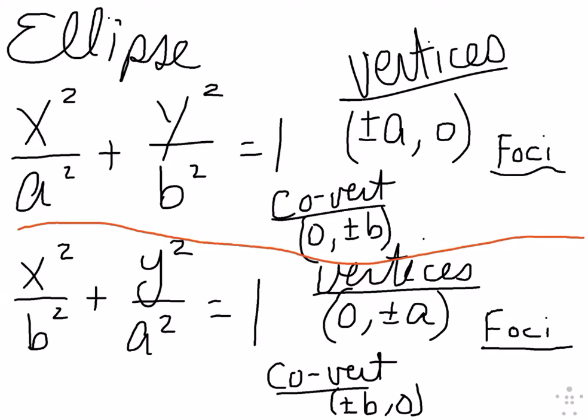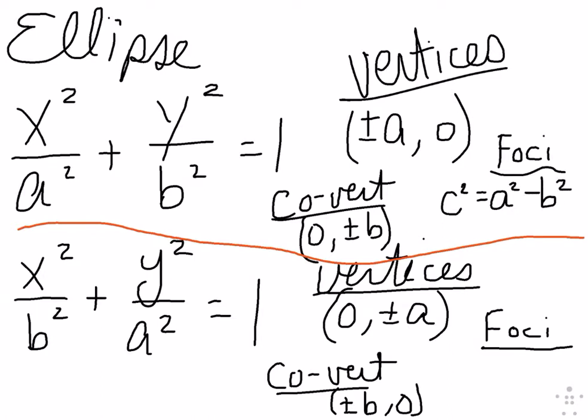Do you remember when we found the focus the other day when it came to parabolas? How many focuses were there? 1. This particular one, because we have an elongated oval, will have 2 foci, or 2 focuses, because you have 2 spots there, not just 1. Okay? Now, the formula for finding them, either one, doesn't necessarily matter, is going to be c squared equals a squared minus b squared.